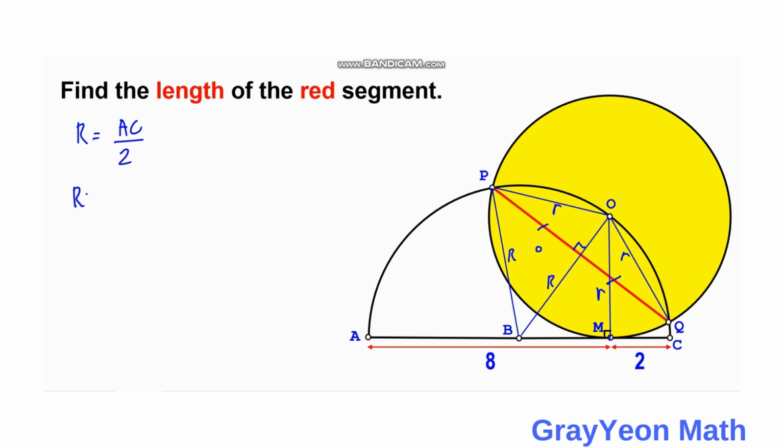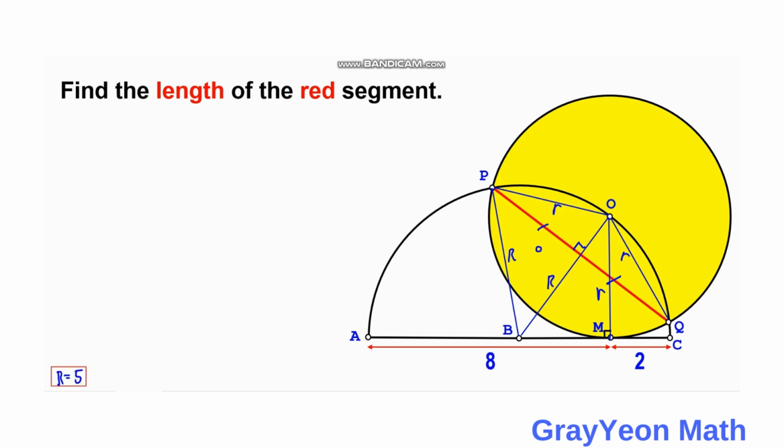So radius is equal to AC, which is AM plus MC, over 2. So R is equal to AM, which is 8, plus MC, which is 2, over 2. This gives us 10 over 2, so the radius is equal to 5 units for the semicircle.